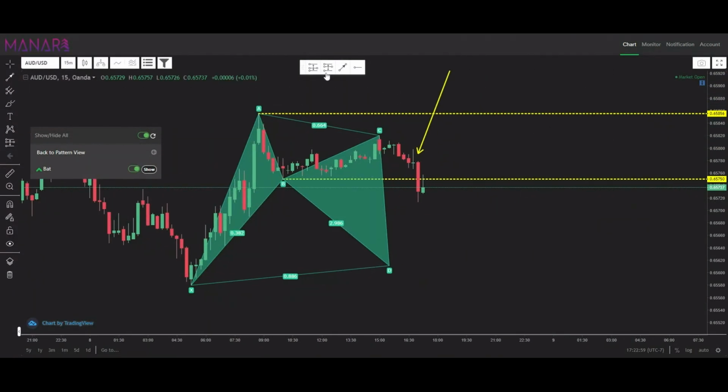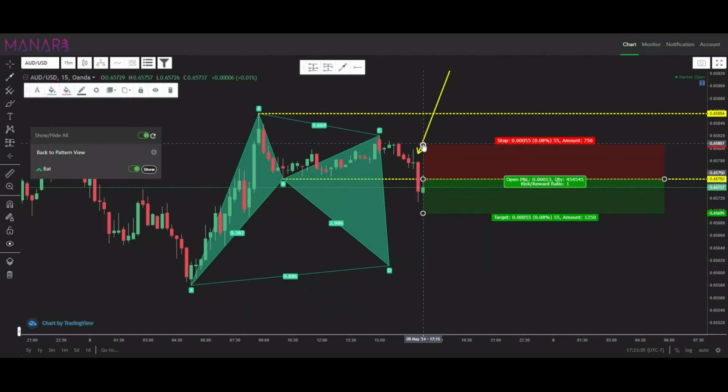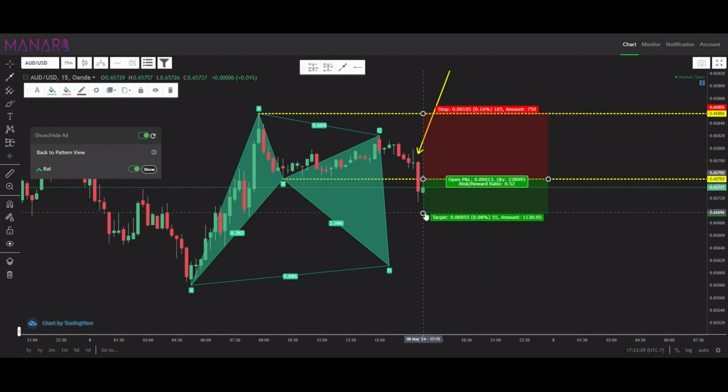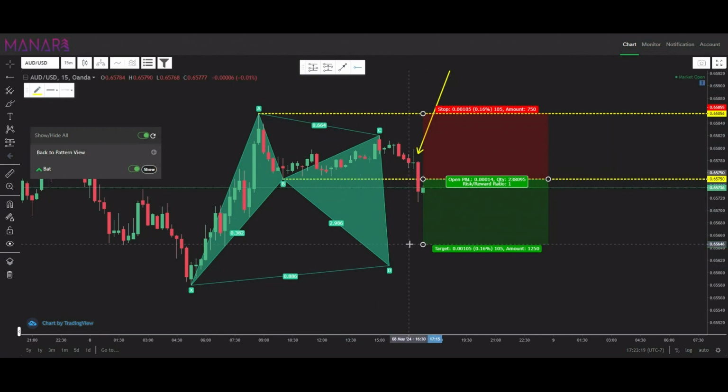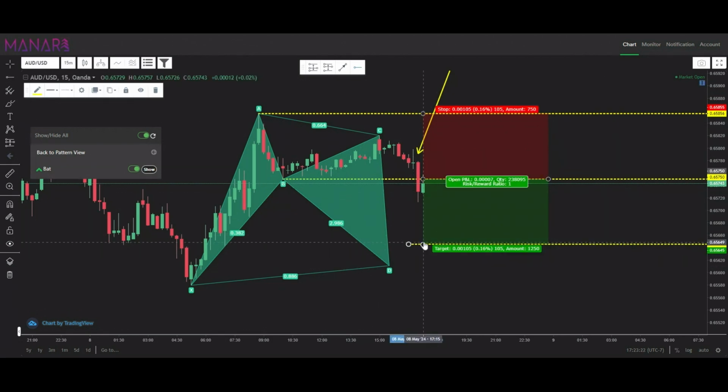So now I can place a pending order right here. Then my stop loss will be right there. Then I'm going to look for a 1-to-1 risk reward. That's going to be right there, 1-to-1, and then a 1-to-2.